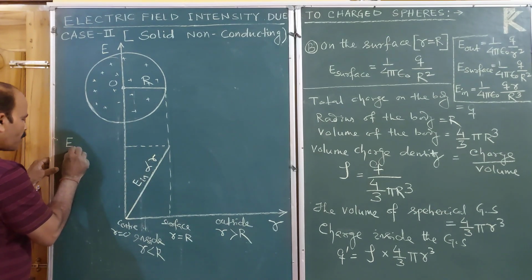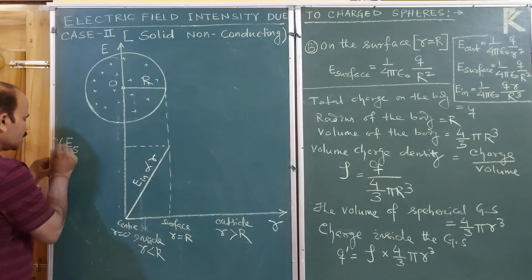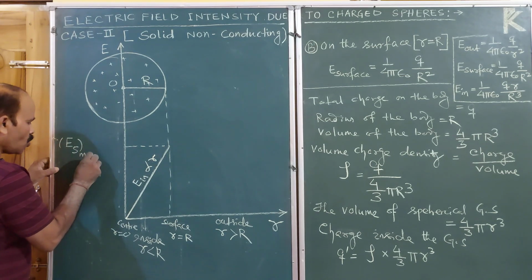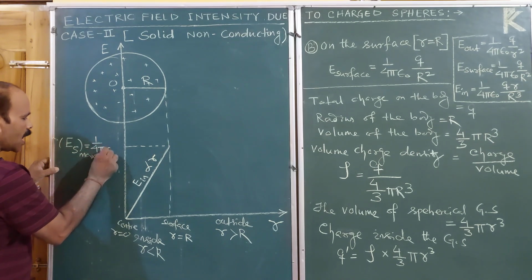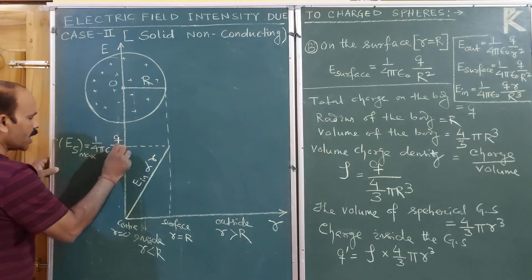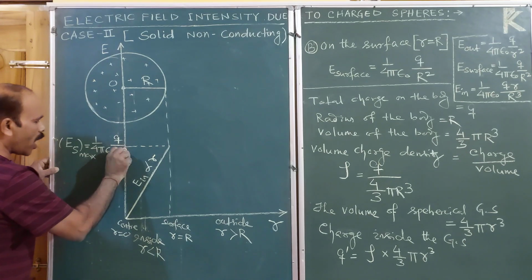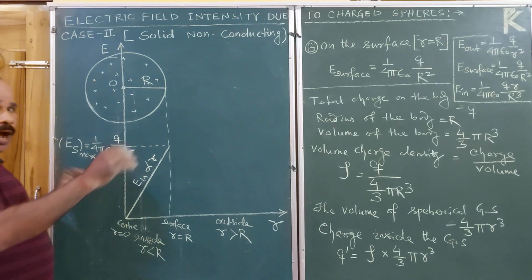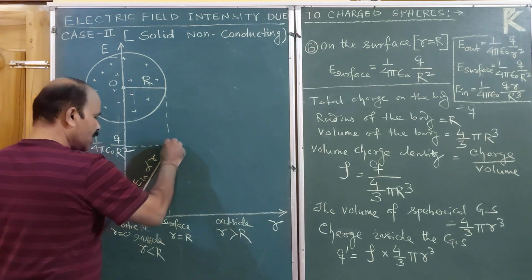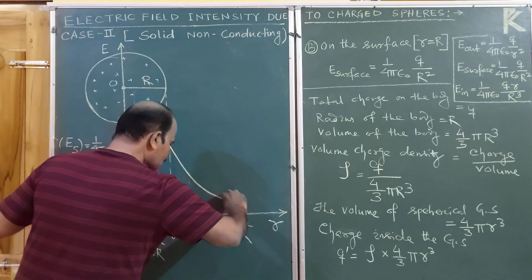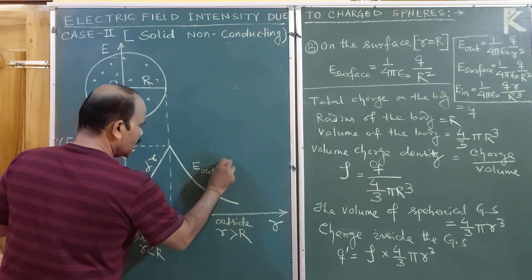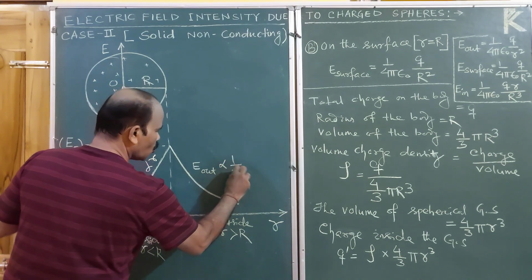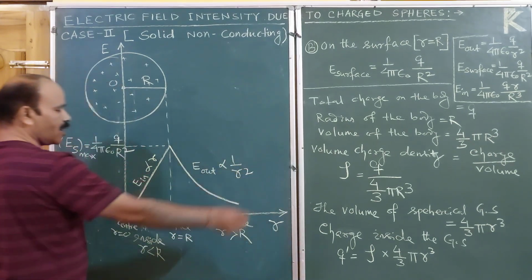E surface, which is your maximum value, is equal to 1 divided by 4 pi epsilon naught Q divided by R square, and outside the surface it decreases like this. E out is inversely proportional to r square.